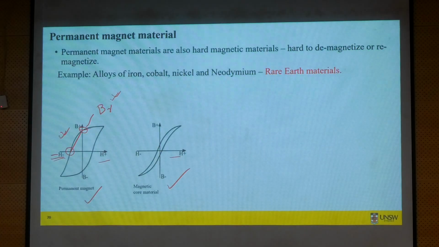It's not easily demagnetized. But when the magnet is in a circuit or is surrounded by steel or iron, it never works at Br. It will operate at a lower point somewhere here. How do we determine this operating point? Again by using a load line, and this load line comes from the same basic concept of Ampere's law.